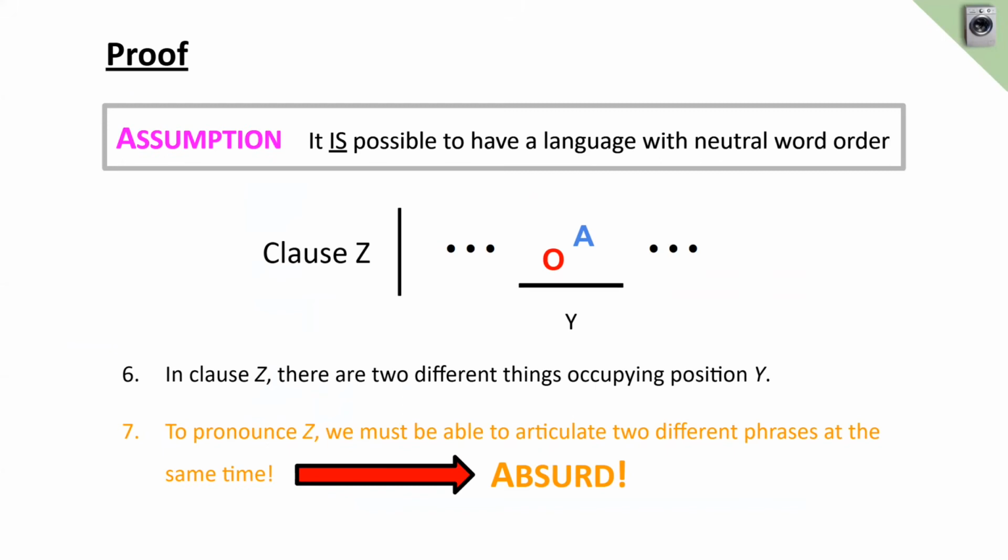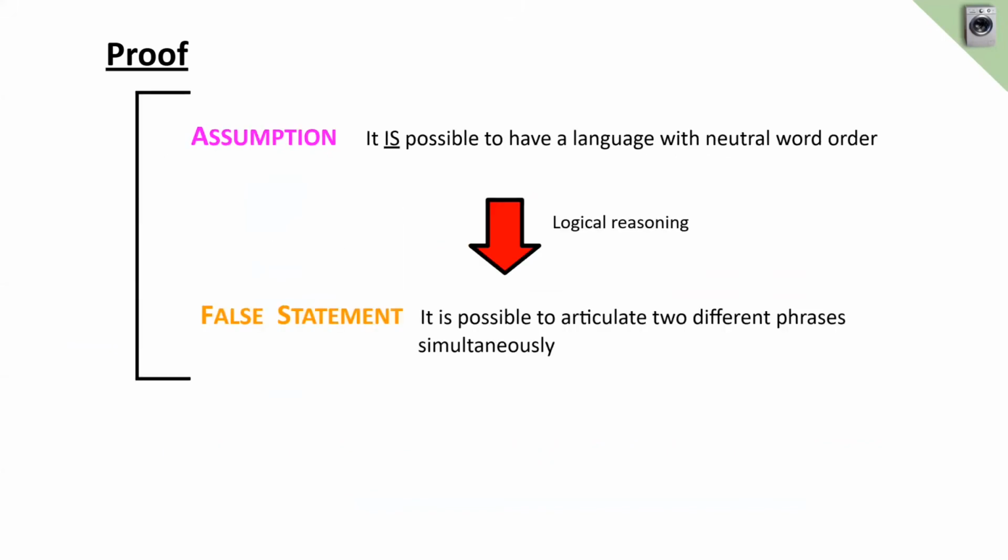Let us now take a step back. We started with the assumption that it's possible for a language to exhibit neutral alignment with respect to word order. However, using some logical reasoning, we showed that this assumption forces us to accept a statement that is obviously false, namely the statement that it is possible to articulate two different phrases simultaneously.